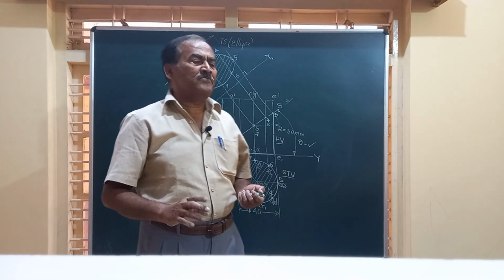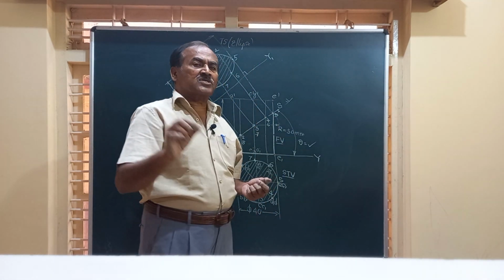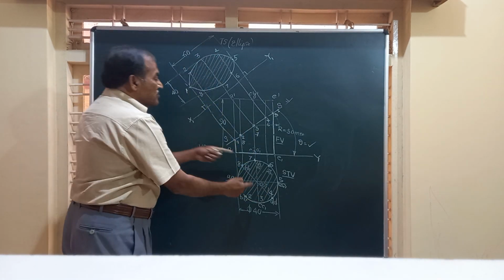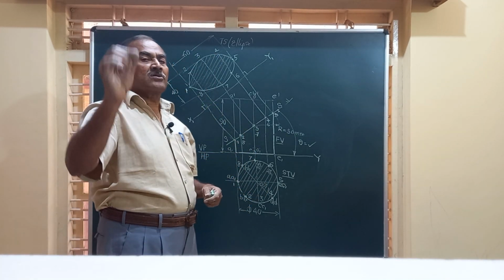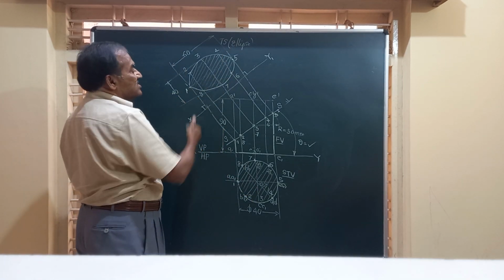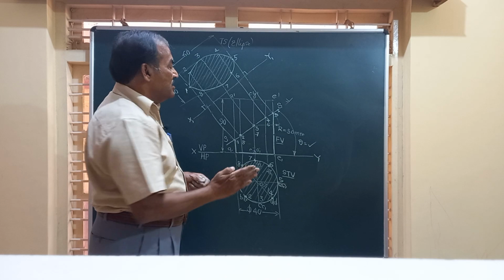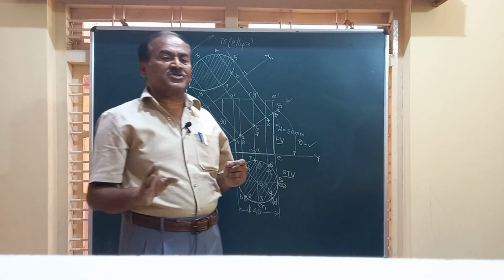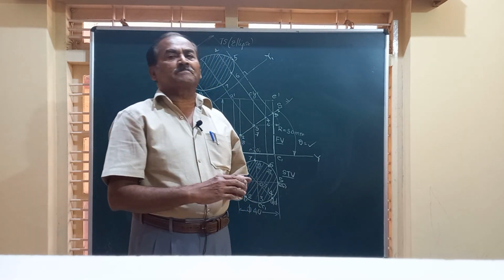Also, the minor axis of the ellipse is always going to have a dimension equal to the diameter of the cylinder, and the major axis depends on the inclination or the orientation of the section plane with the HP.